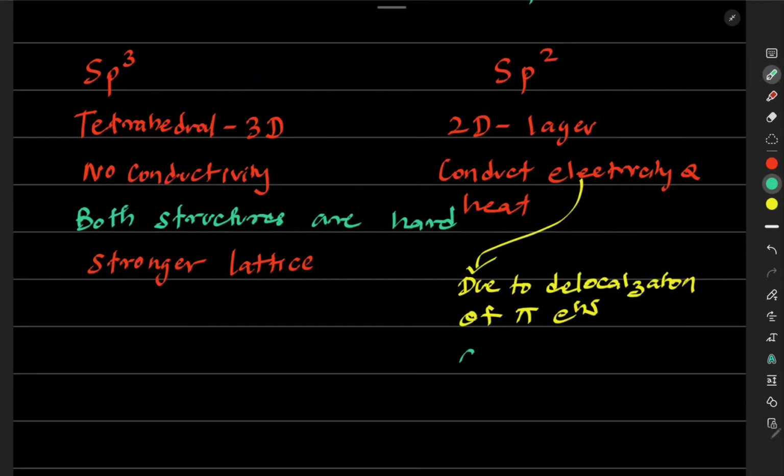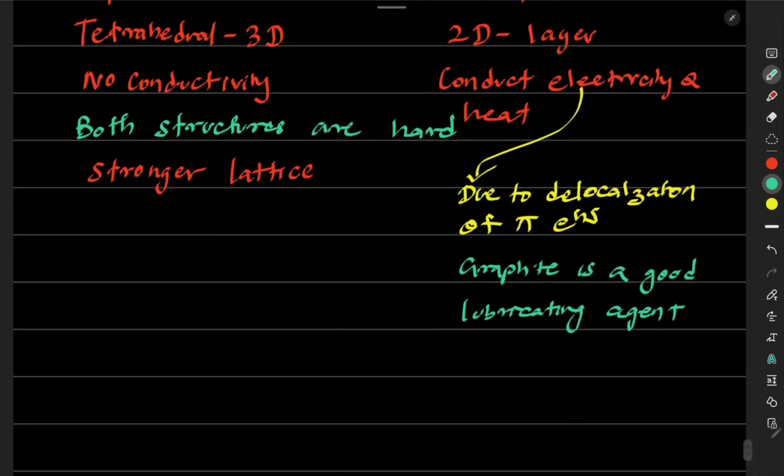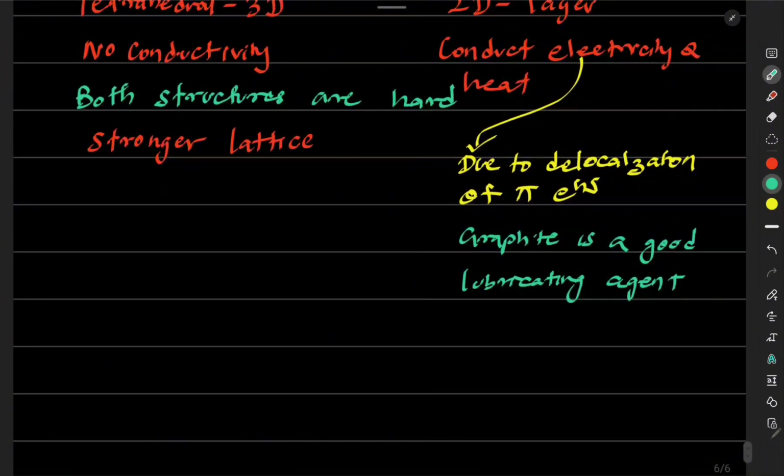Graphite is a good lubricating agent. The reason for this is that the interaction between the layers of graphite is weak.